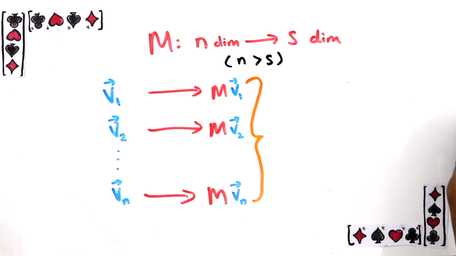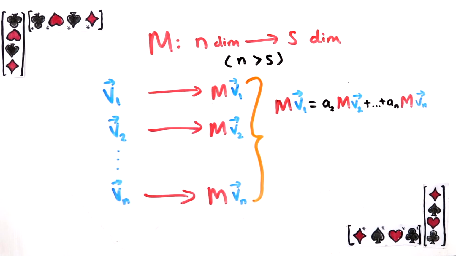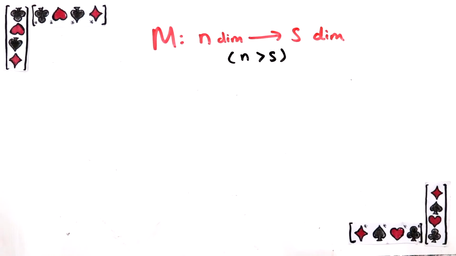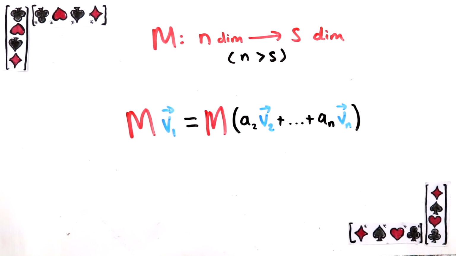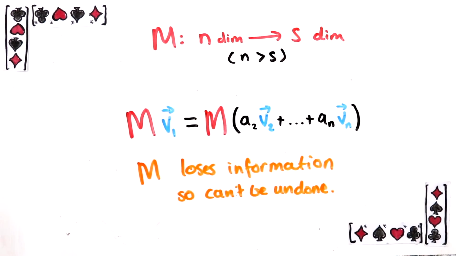So it must be possible to write the first vector, Mv1, as a linear combination of the other ones. But M is linear, and so you can pull M to the front. This vector here is definitely not the same as v1, but our equation says M sends v1 and this vector to the same place. Hence, M loses information and so it cannot be undone.